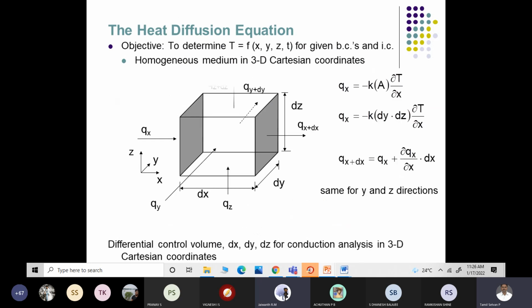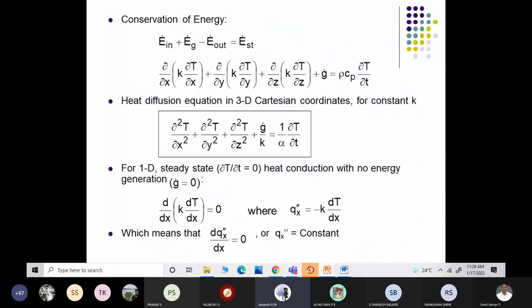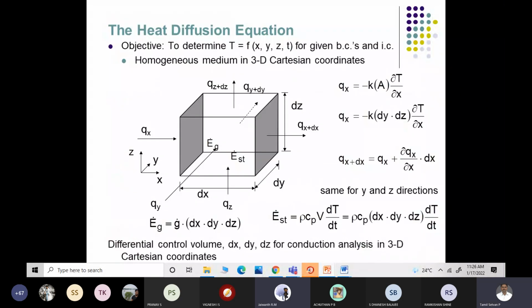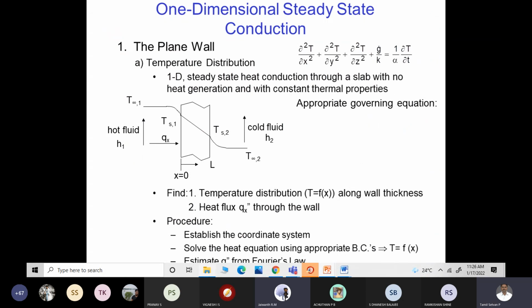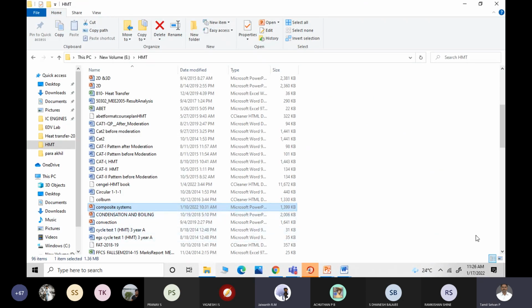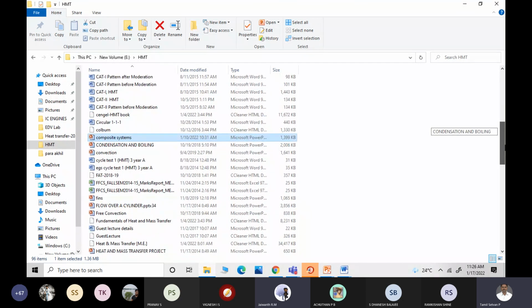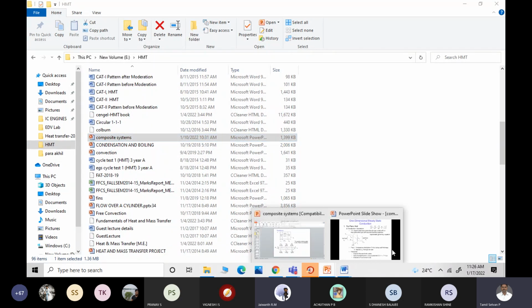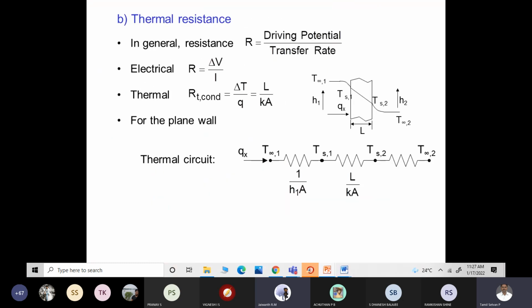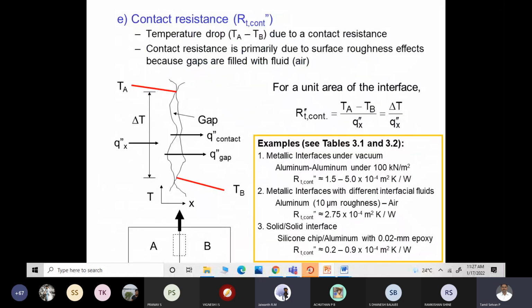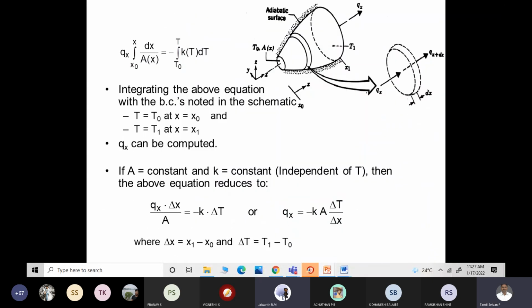In the expression we stated kx, ky, kz, the thermal conductivity in all the three directions, for isotropic material. So the thermal conductivity in all the three directions is assumed to be a constant, or k equal to constant.